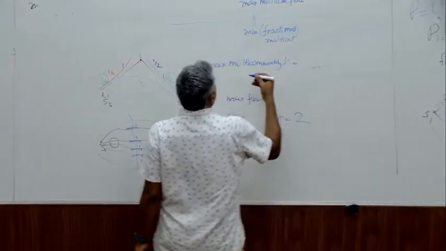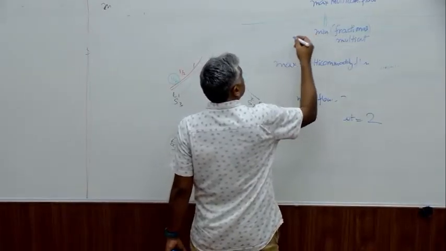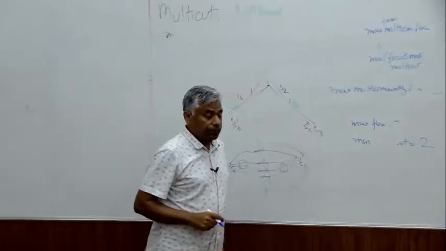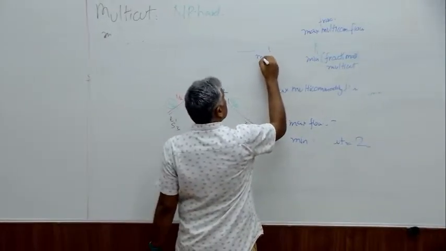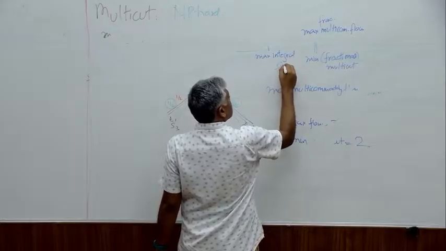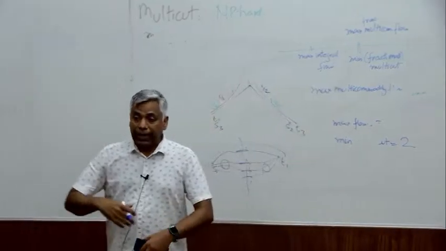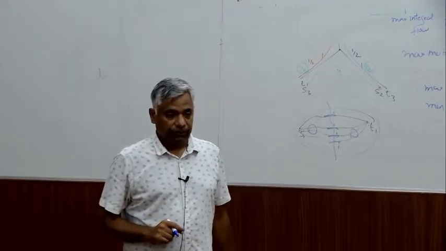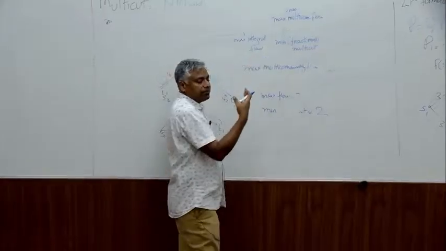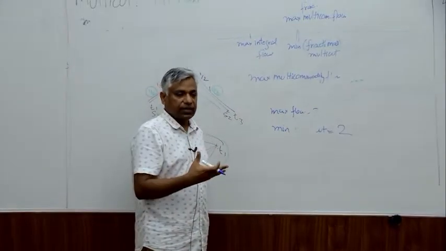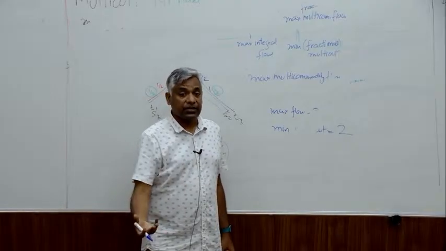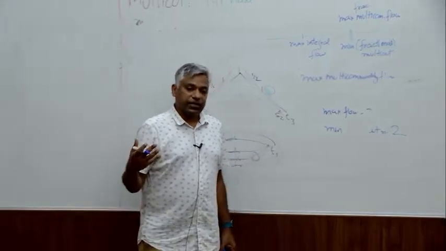So this is also maximum fractional multi-commodity flow. So we can talk of maximum integral flow. Suppose I wanted to send flow integrally in this graph. Then that will only be less than the maximum fractional flow. If you can send something integrally, you can also send the same thing fractionally. If you can send something fractionally, it's not necessarily that you can send it integrally.